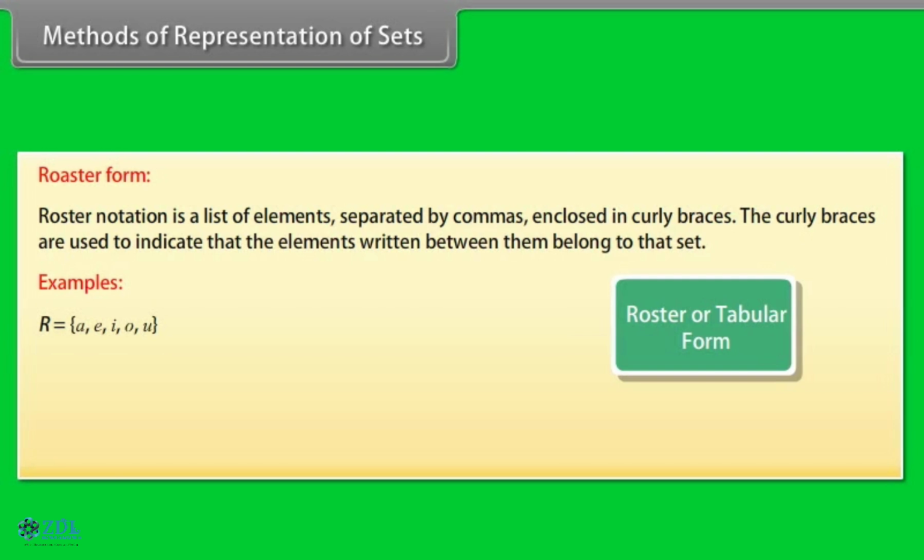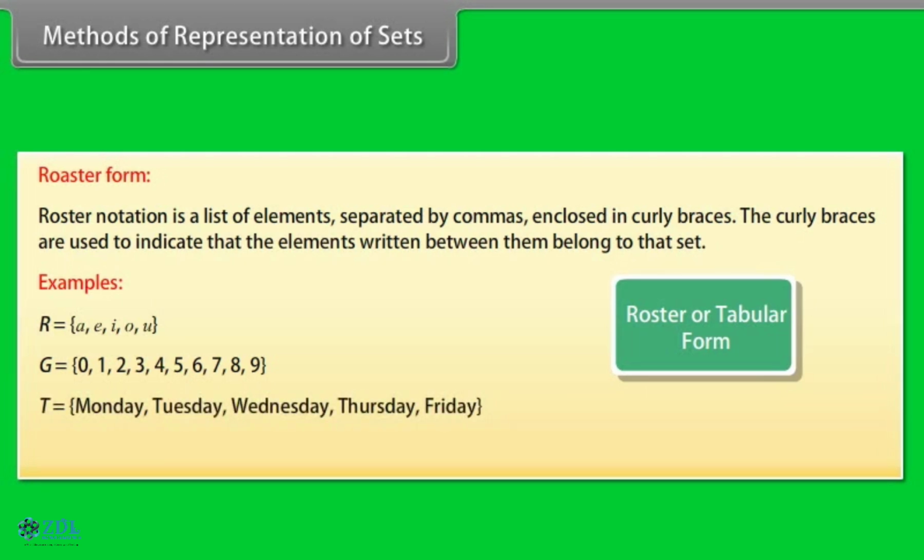R = {A, E, I, O, U}. G = {0, 1, 2, 3, 4, 5, 6, 7, 8, 9}.